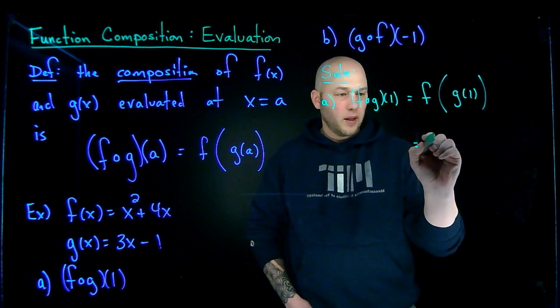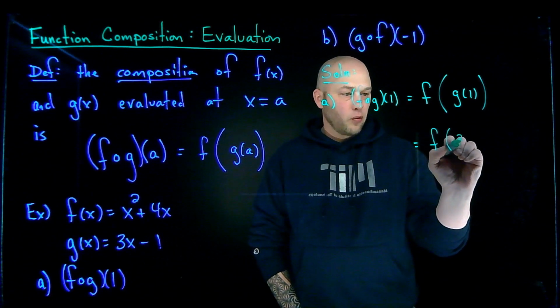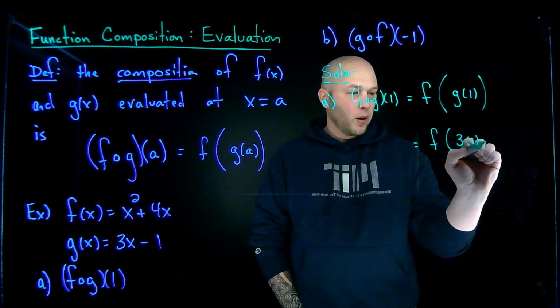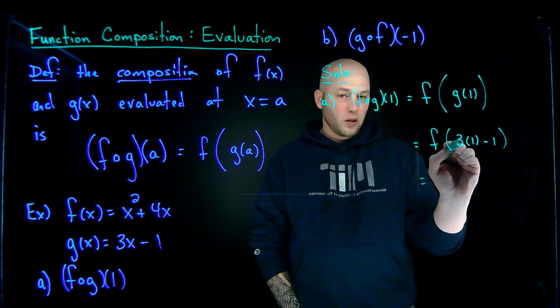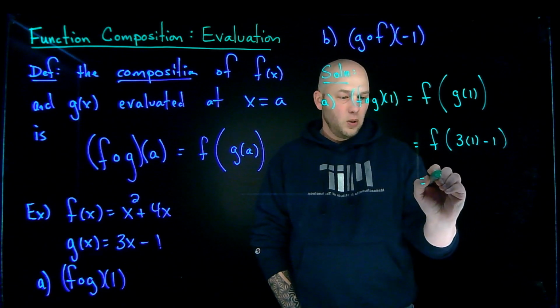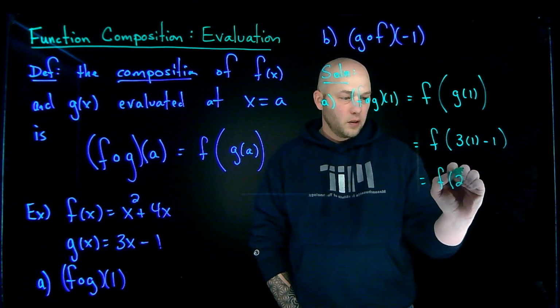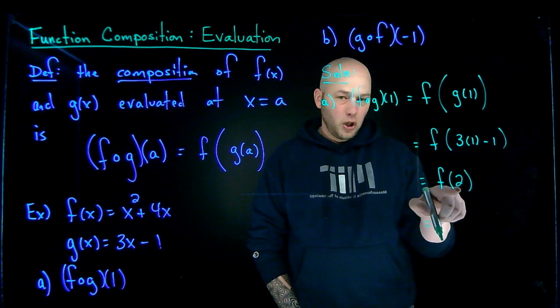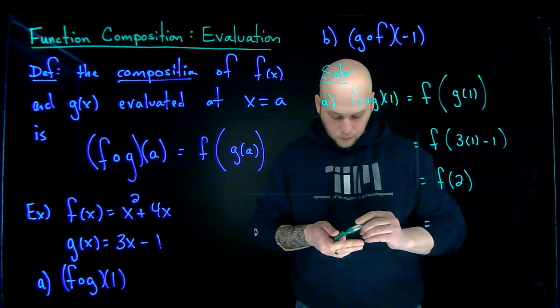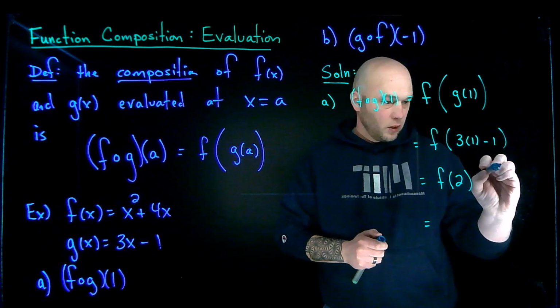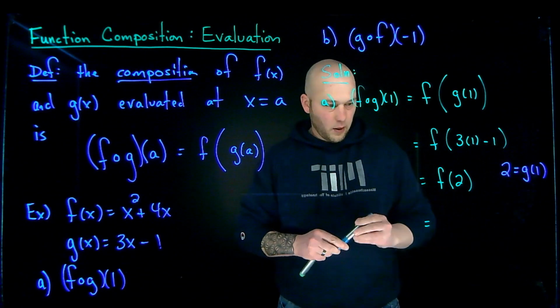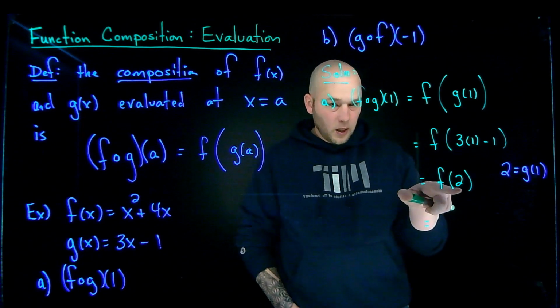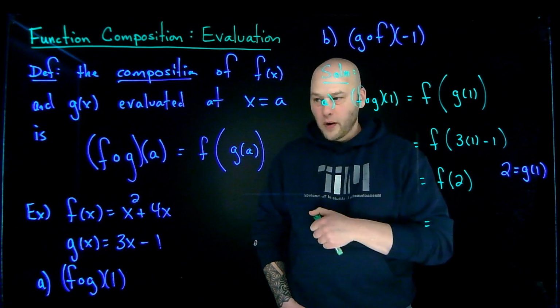So let's go ahead and write that out. I get 3 multiplied by 1 minus 1. And this is going to be 3 times 1 is 3. 3 minus 1 is 2. So therefore, f of 2. So again, 2 off to the side here. 2 is the function value g of 1. All right. Now I'm going to use the input 2 for the function f.